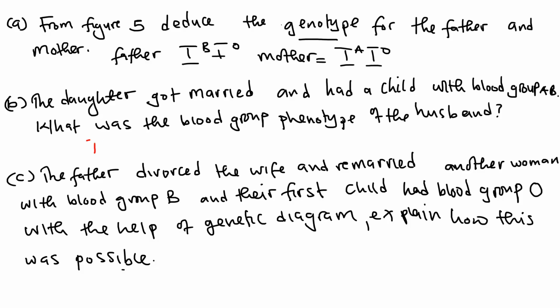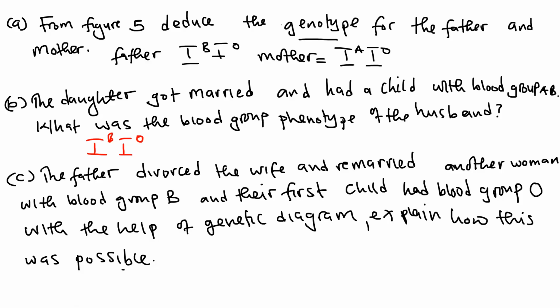The daughter who is blood group what? Blood group A. If I'm not mistaken, blood group B. The daughter who is blood group B got married and had a child who is blood group AB.